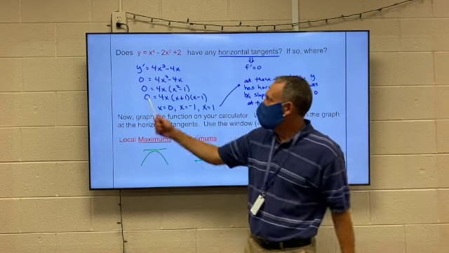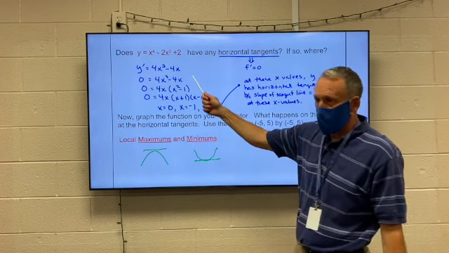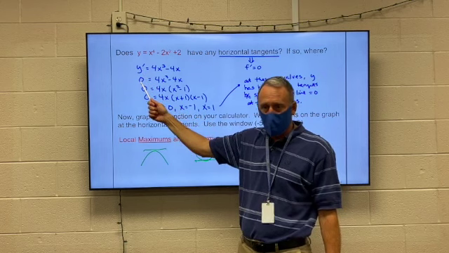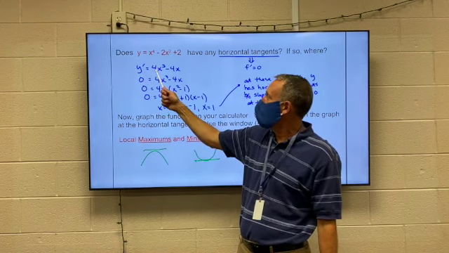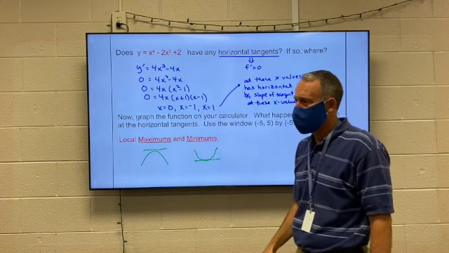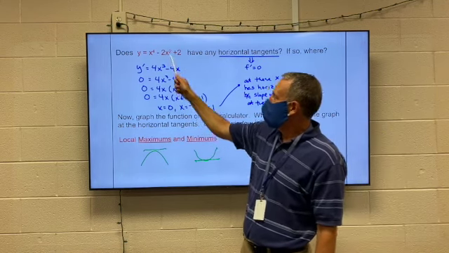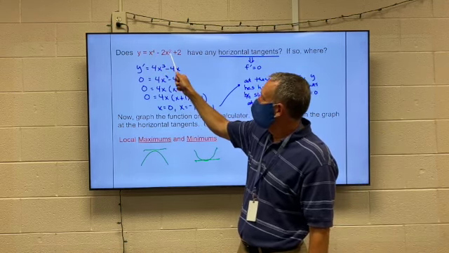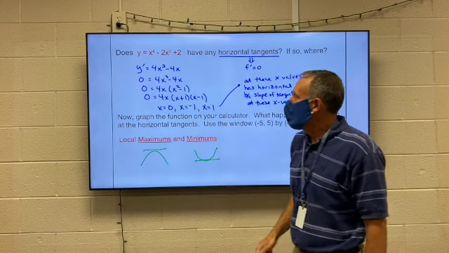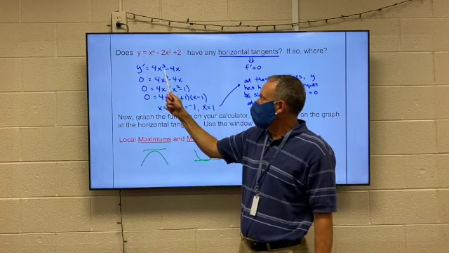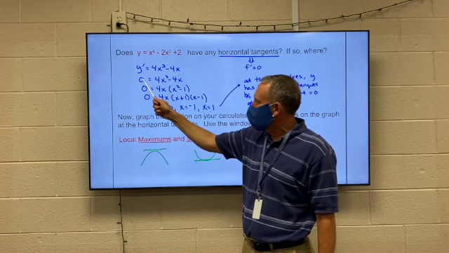So I take y prime, the other notation, I could have said dy/dx, or y prime equals 4x cubed minus 4x. How'd I get that? Well, 4x cubed, and then 2 times 2 is 4, so it's minus 4x to the first. I set the derivative, 4x cubed minus 4x, equal to 0.